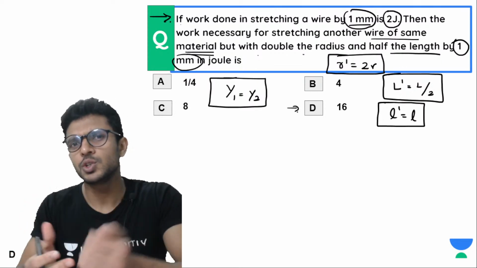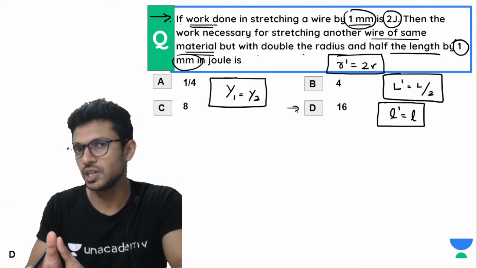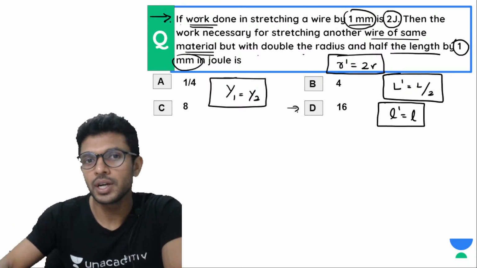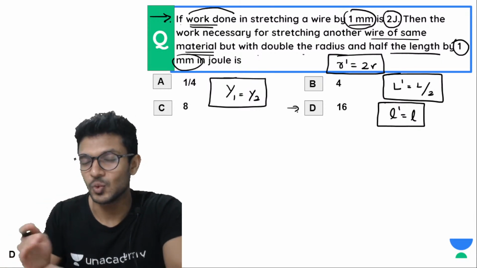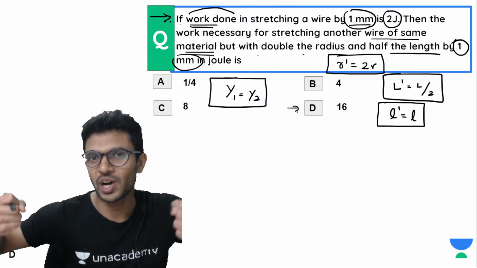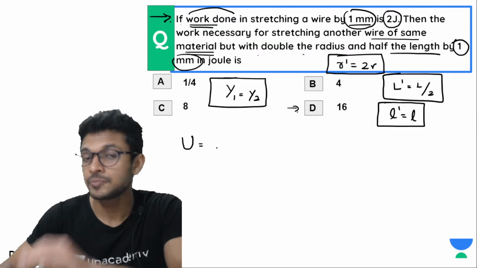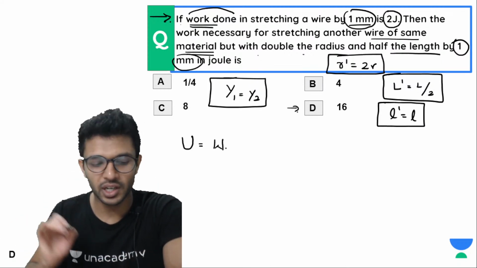Okay, now you just have to write the formulas for work done, then equate both the equations and get your answer. Will do? Okay. Tell me, what is the work done in stretching a wire is called as? Whatever work we do in stretching the wire will be stored inside the body as its potential energy. Matlab, potential energy inside the stretched wire is equal to work done.